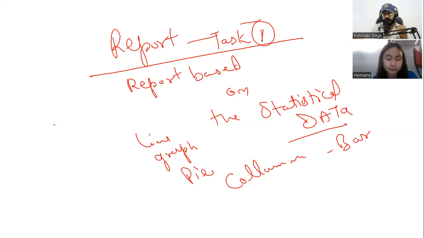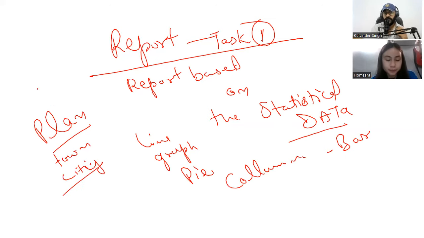It will be in the form of plans for development or a plan of towns or a city. There'll be a process, like a brick making process or process of making a soda can. So, different kinds of statistical data are given in writing task one, about which you have to write a report.